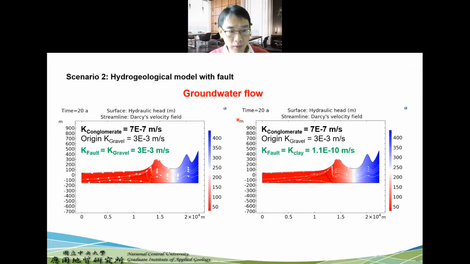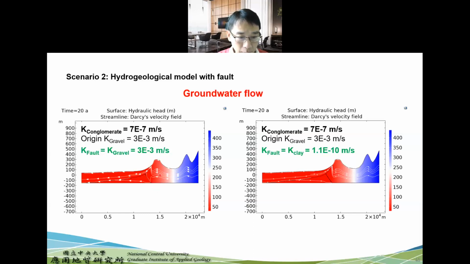And the fault system, as I mentioned, could be permeable or impermeable. If we set the fault K to be a permeable system, it becomes a channel. So you can see that the water flow will be absorbed the same way. This one is the sink, and the fault also becomes a sink.